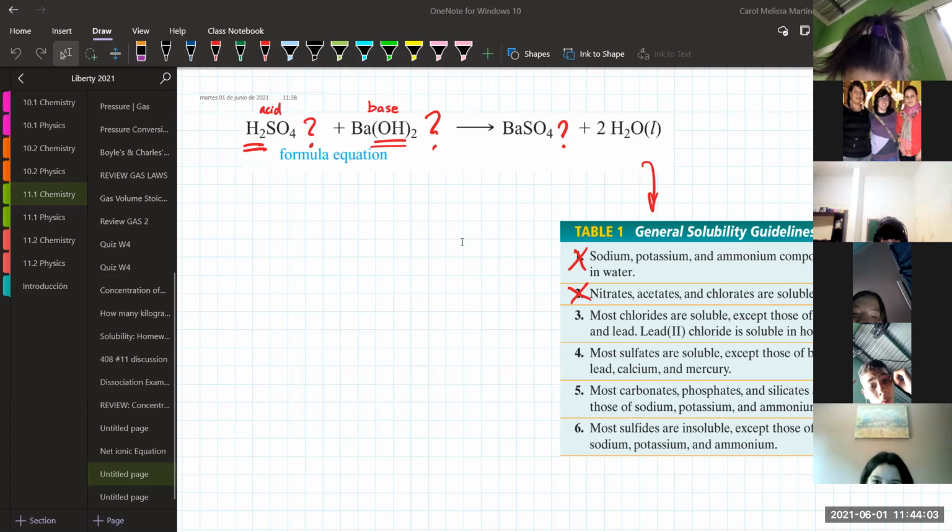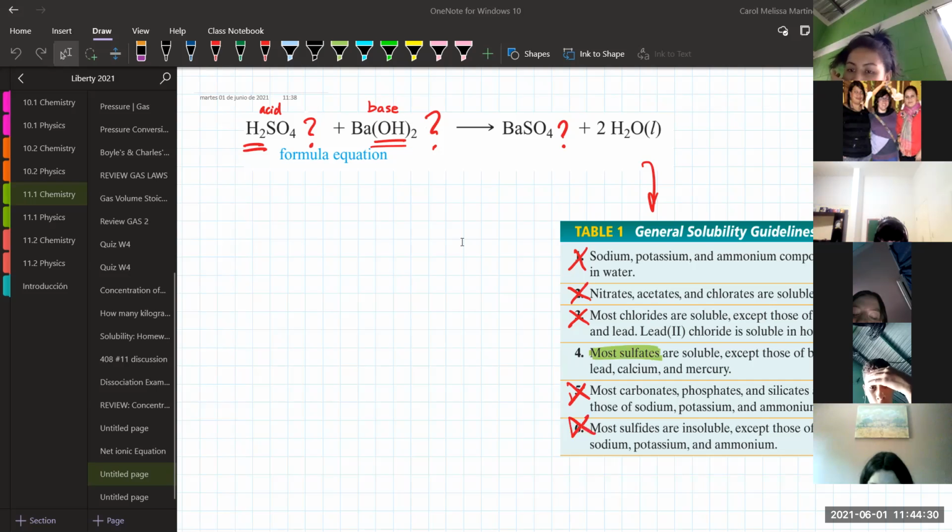It says most chlorides are soluble. No, we don't have chloride. We have something about the sulfates, but remember, we're looking for acids. Here is carbonate, and here is sulfides, which isn't either.